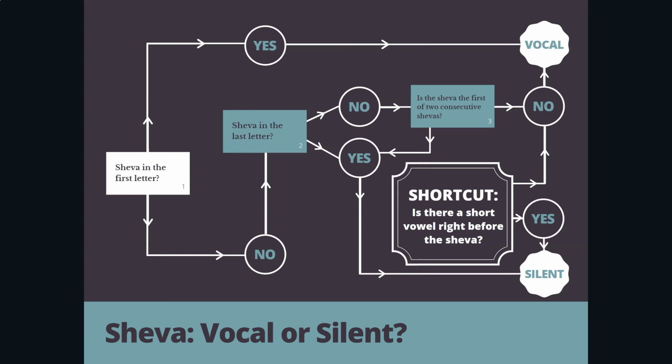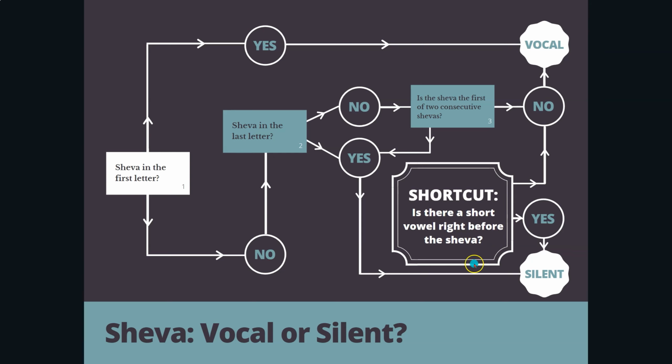Now, this is not the first rule that you learn, because this rule is built upon a lot of other rules. But this one will summarize for you the most important information so that you don't have to remember so many rules.